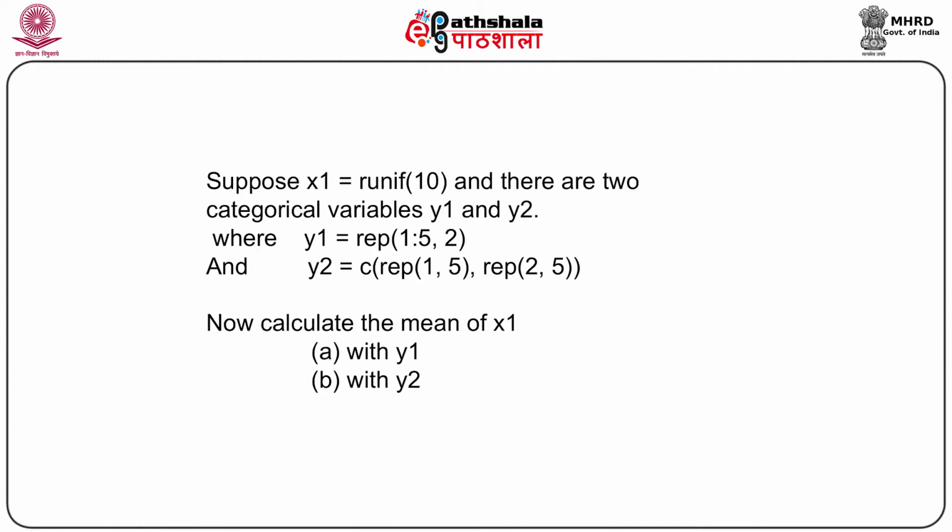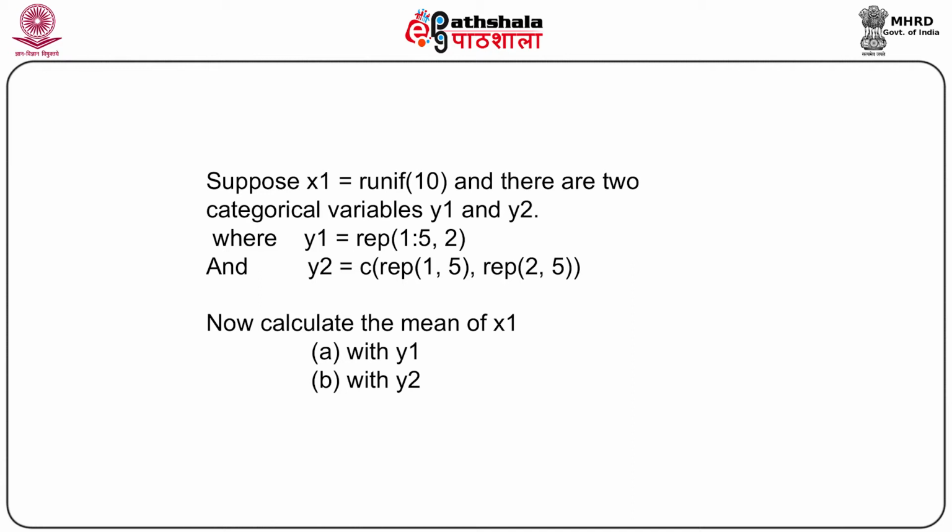Suppose in x1, 10 data points from a uniform distribution are stored and there are two categorical variables y1 and y2, where y1 is basically a replication of the numbers 1 to 5 twice and y2 is the consecutive replication of 1 and 2, 5 times each.